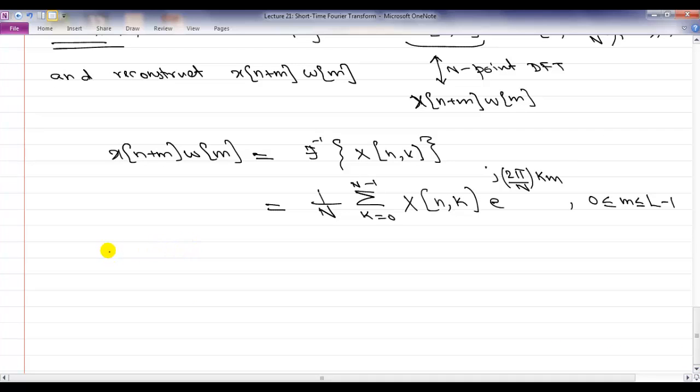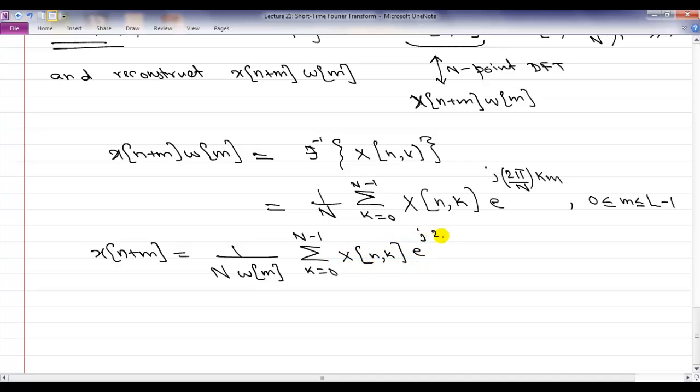And that means that x[n+m] can be recovered by simply dividing by w[m], which of course requires that w[m] is not equal to 0. Otherwise you can't do that operation.